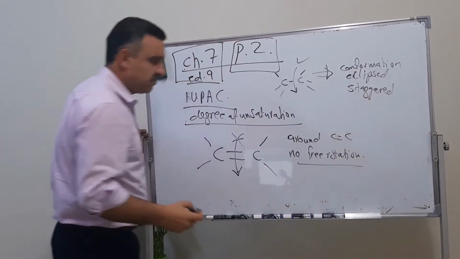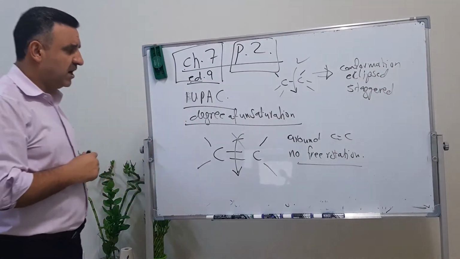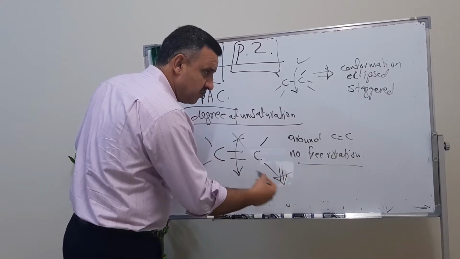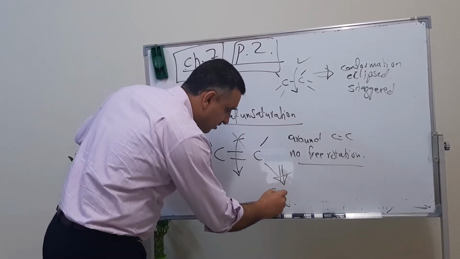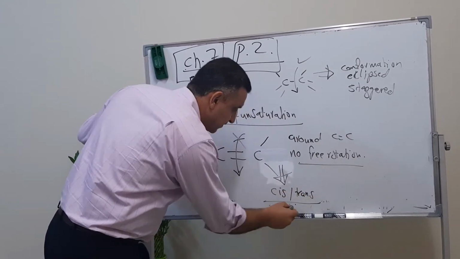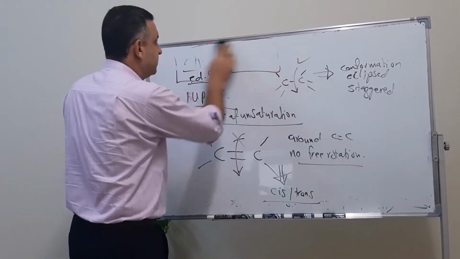But around carbon double bond carbon, there is no free rotation. And that's why we have a new situation called cis and trans isomerism. That's what we are going to discuss now.